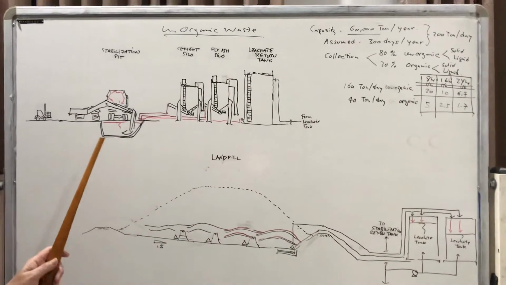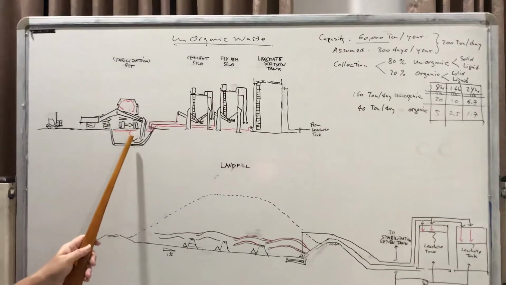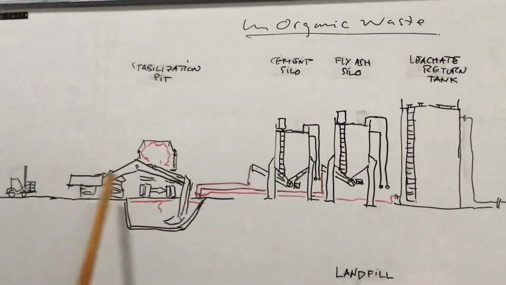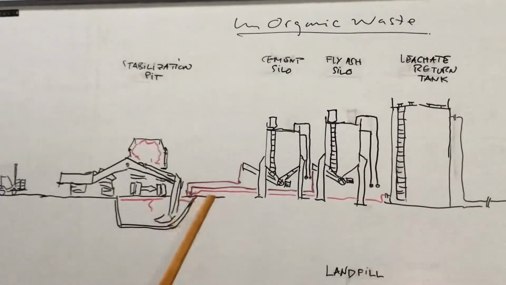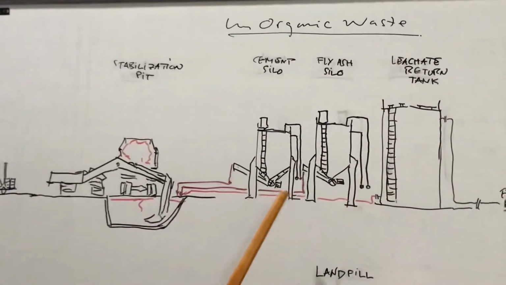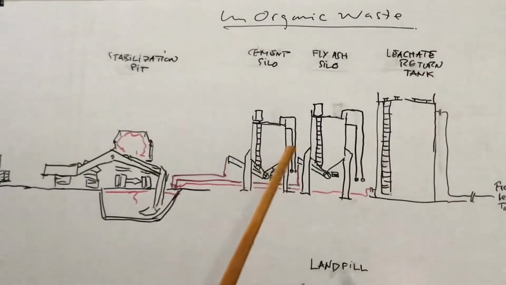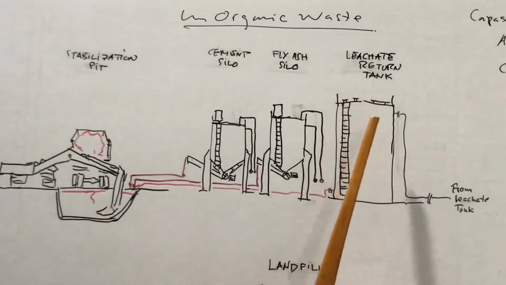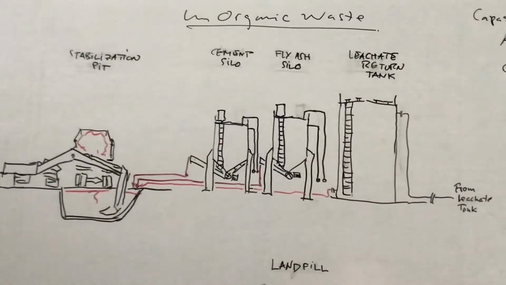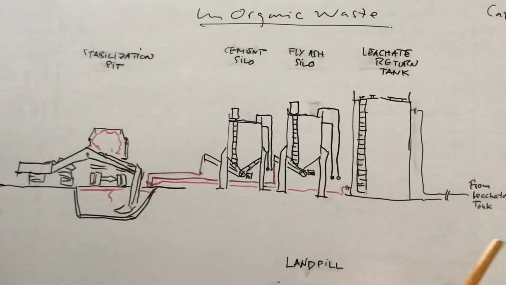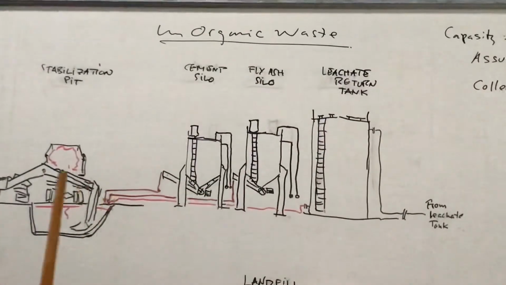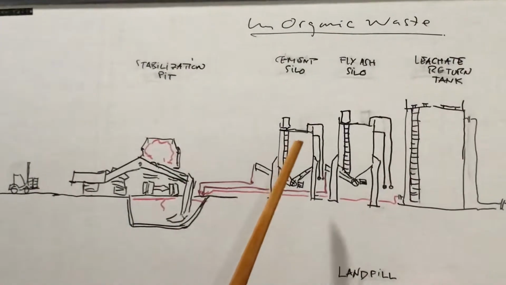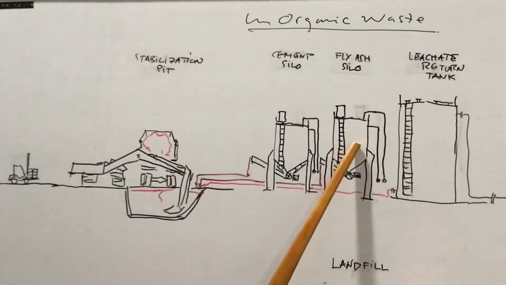There is a stabilization pit here, the first process, and in this stabilization pit, we have the cement silo, fly ash silo, and the leachate return tank. This is the stabilization process for inorganic waste. As you can see, there is a cement silo here and a fly ash silo.